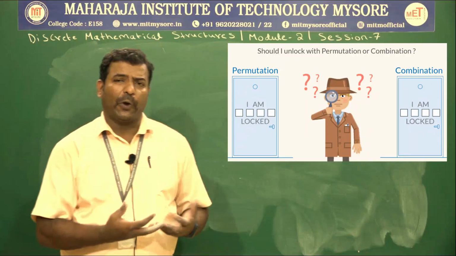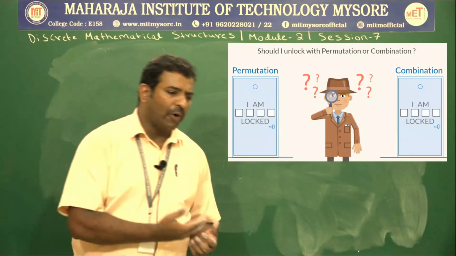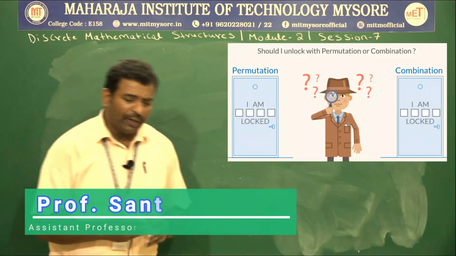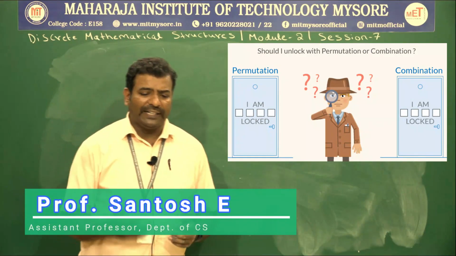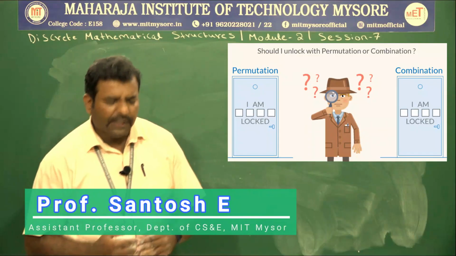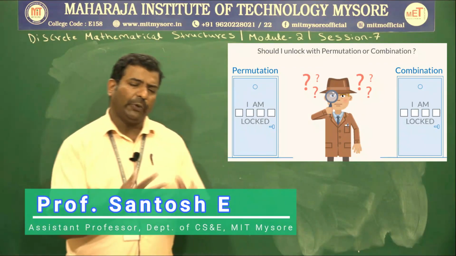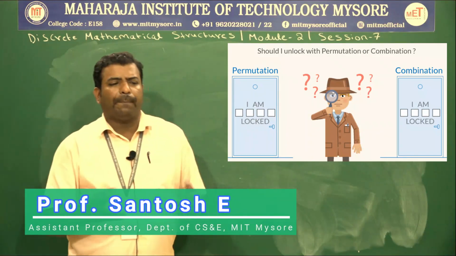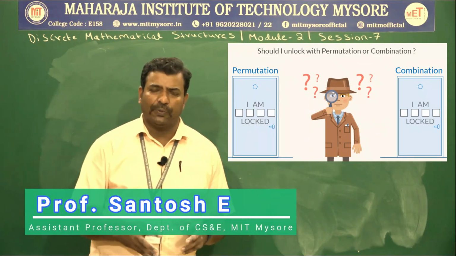Do I think about combination here or do I think about permutation here? So just give a thought until I meet you in the next session. Until then, think over this example. Should I use a permutation here or should I use a combination here? Which is the best way of dealing with such a scenario?